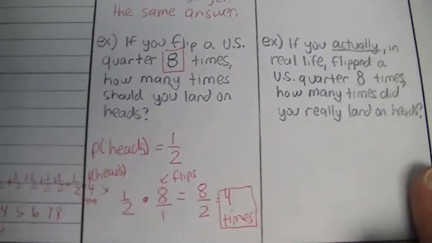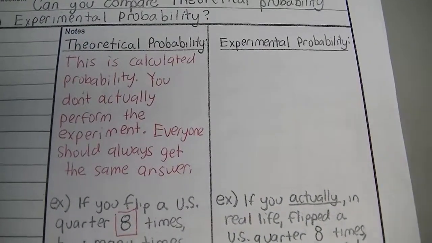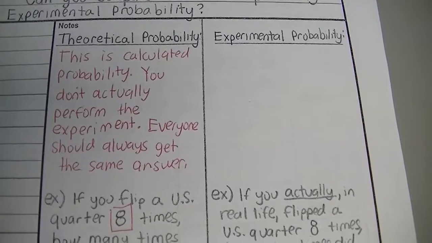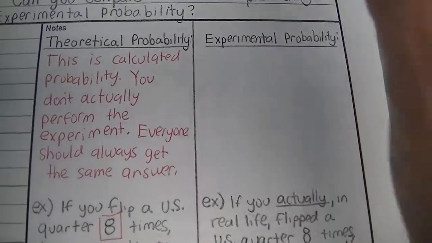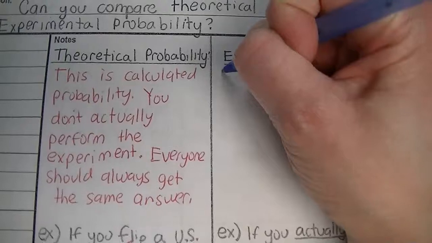Now, let's go ahead and move on to the definition of experimental probability. Now, this is probability where you collect the data in the experiments.